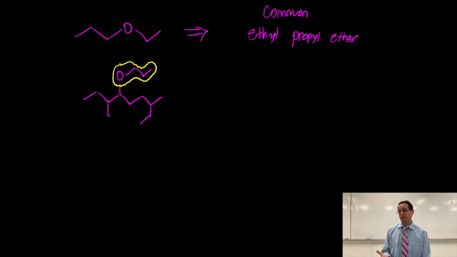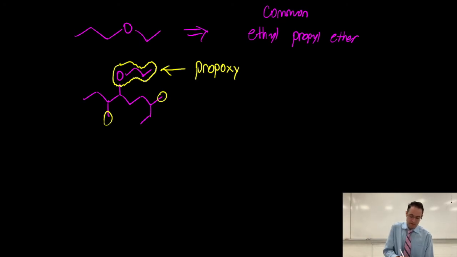Okay, so 3 carbons is propane, so we call this propoxy. Prop, oxy is the name of that substituent. And then we've got a couple of methyl groups, and then you've got to number and make sure you have the lower numbering. Nonane derivative.